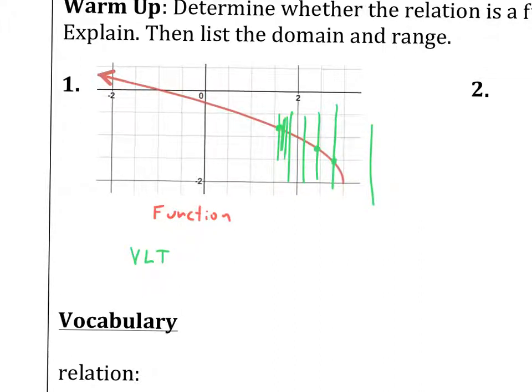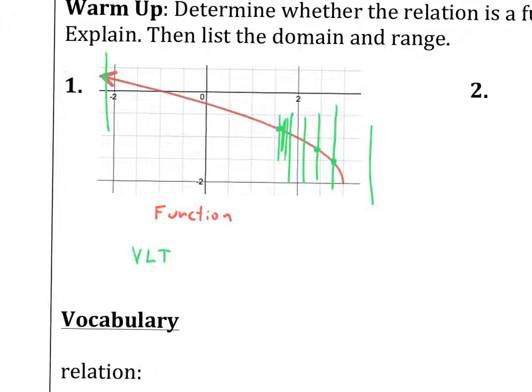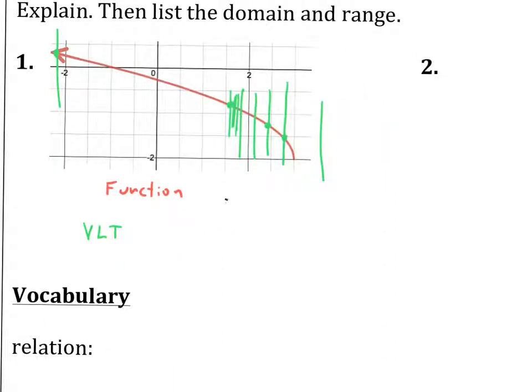So it can intersect not at all, or one time. But if my function curved back on itself, then it would intersect more than once, so that would not be a function.